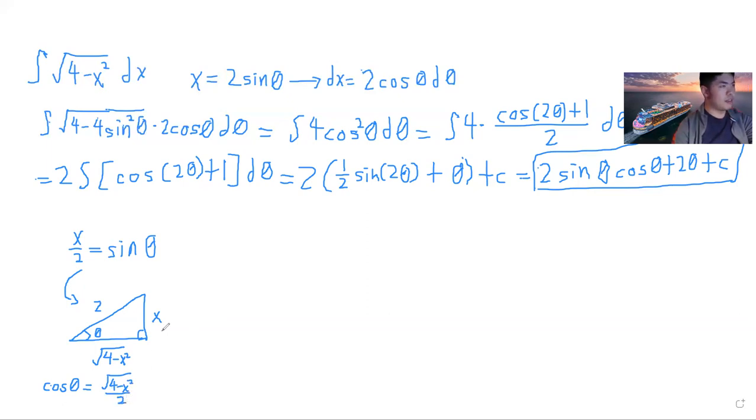Yeah, basing on this. And then theta, this is how we do it. So sine theta is equal to x over 2, which implies that theta is equal to arc sine, let me think, when y equals sine x, x equals arc sine y.